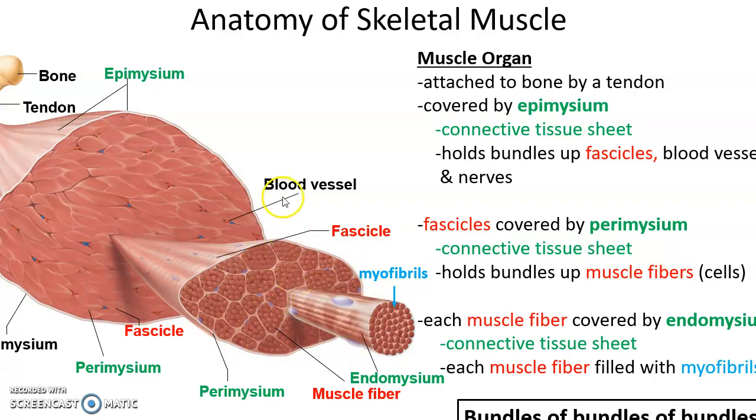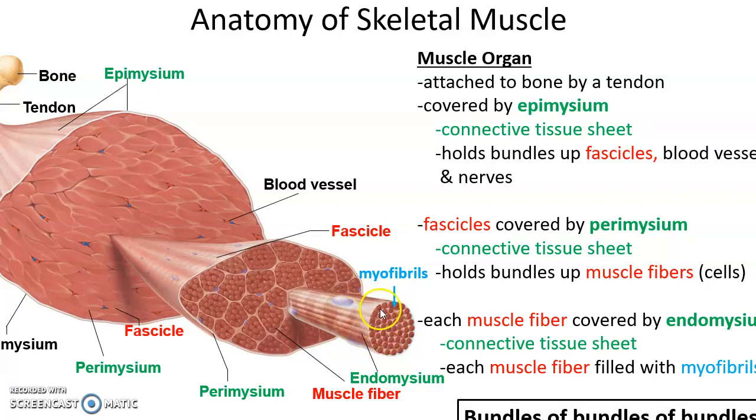And the cells, called muscle fibers, are each wrapped by their own sheet of connective tissue called the endomysium. So we're going epimysium around the entire muscle organ, perimysium around the fascicle, and endomysium around the muscle fiber.